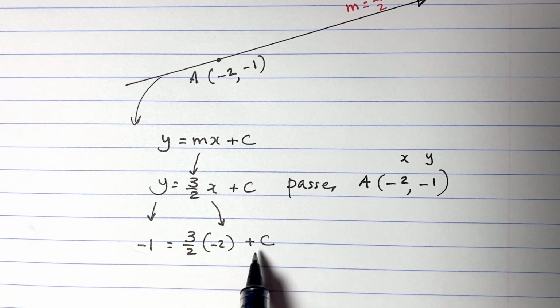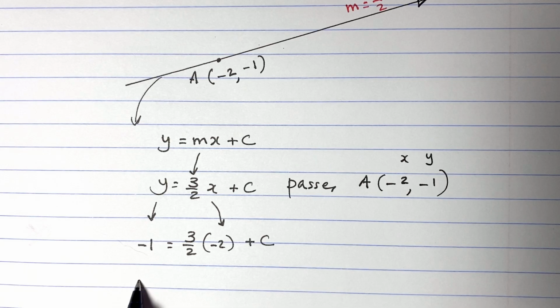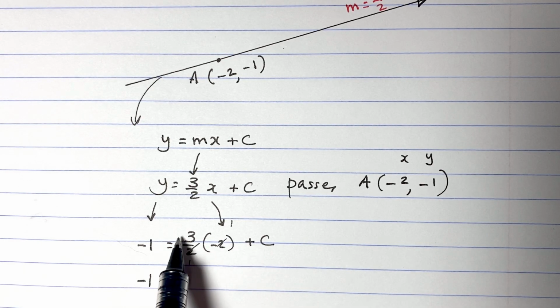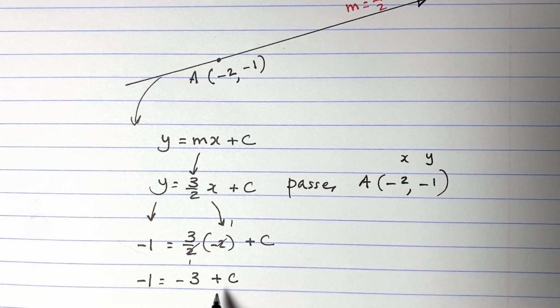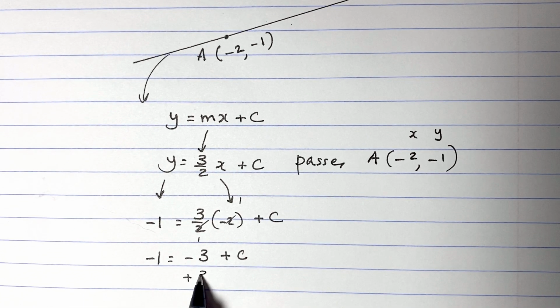So you end up with a simple equation, and your unknown is c. Here we have minus 1 equals 3 over 2 times minus 2 plus c. The 2 and 2 would cancel, so 3 times minus 1 is minus 3, plus c. Add 3 to both sides. So c equals 2.